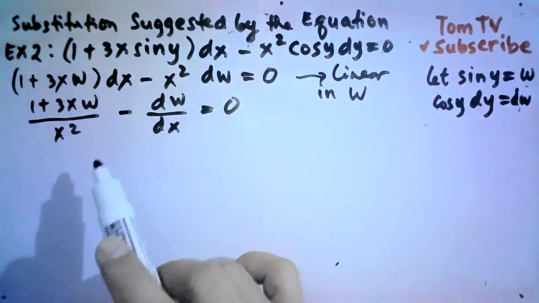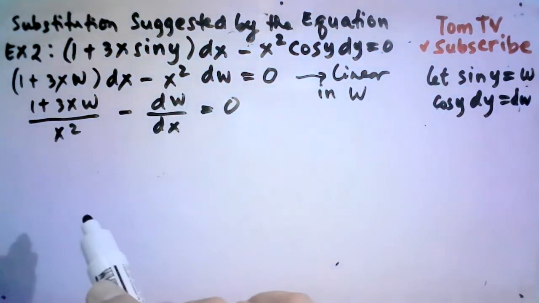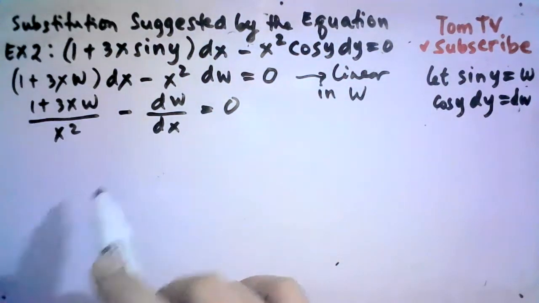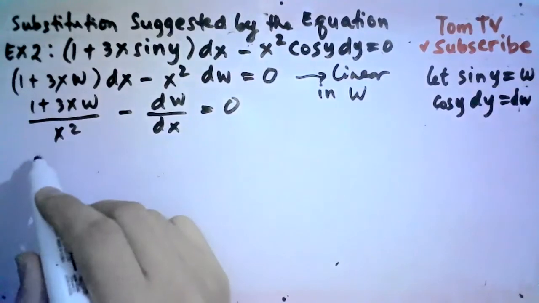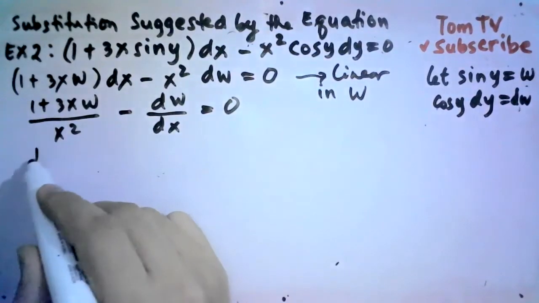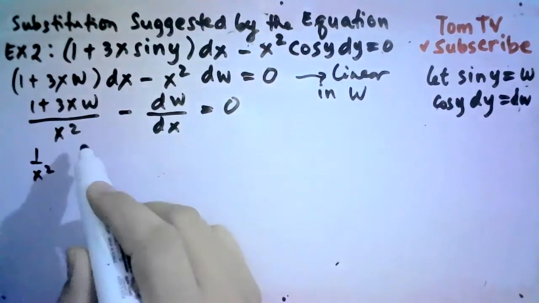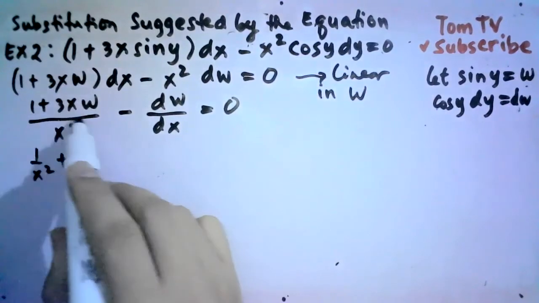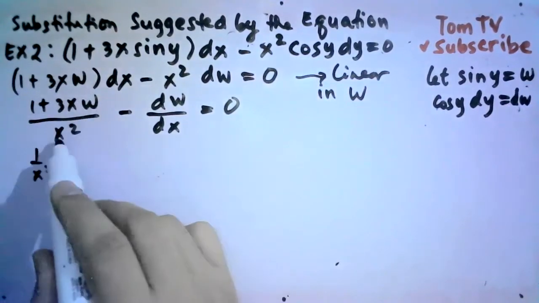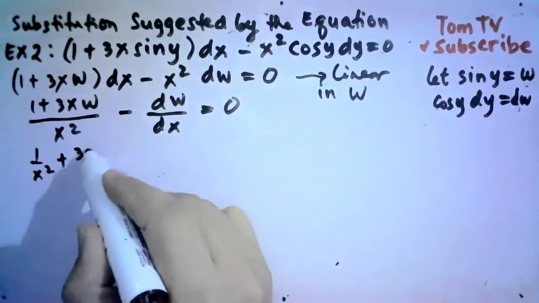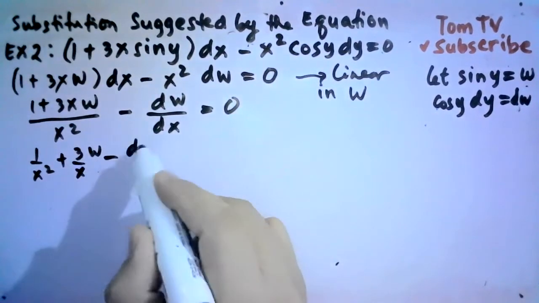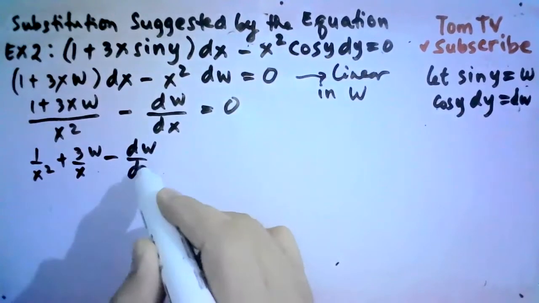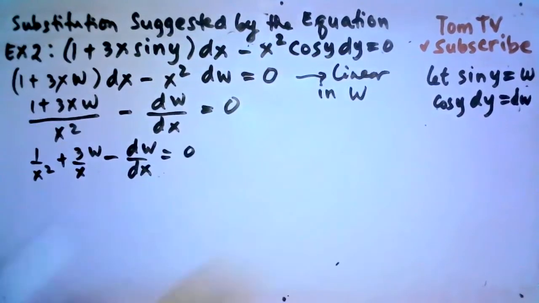And then by rearranging this, we have 1 over x squared plus 3x over x squared, so that is 3w over x minus dw over dx is equal to 0.